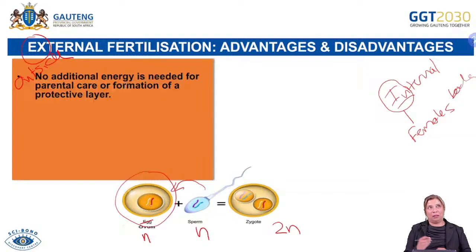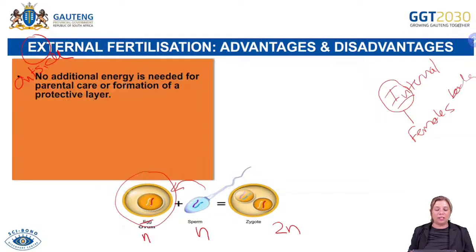In a normal scenario, the female will swim and lay her eggs, and then the male will come afterwards and deposit the sperm over those eggs. Because she lays the eggs on the outside of her body, we call it external fertilization.